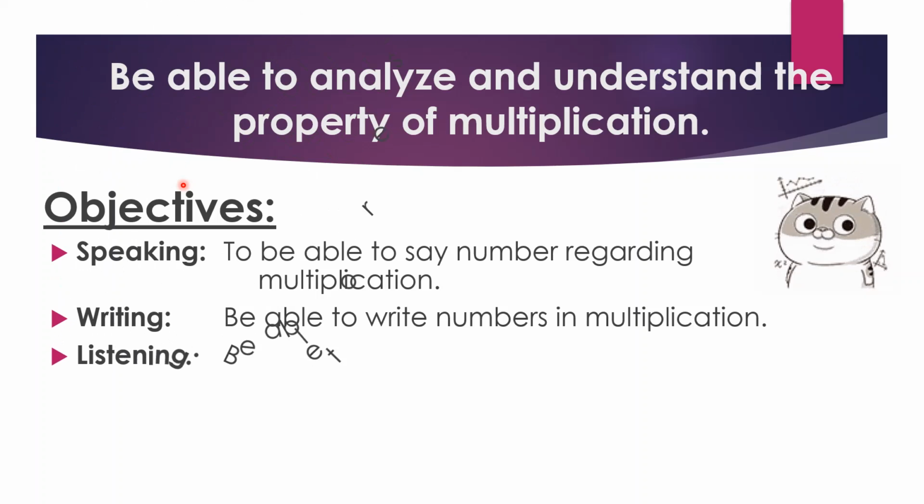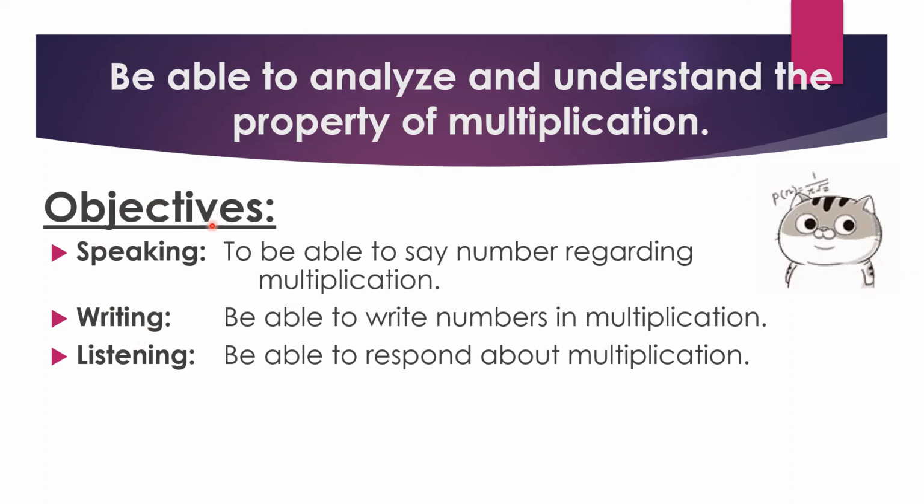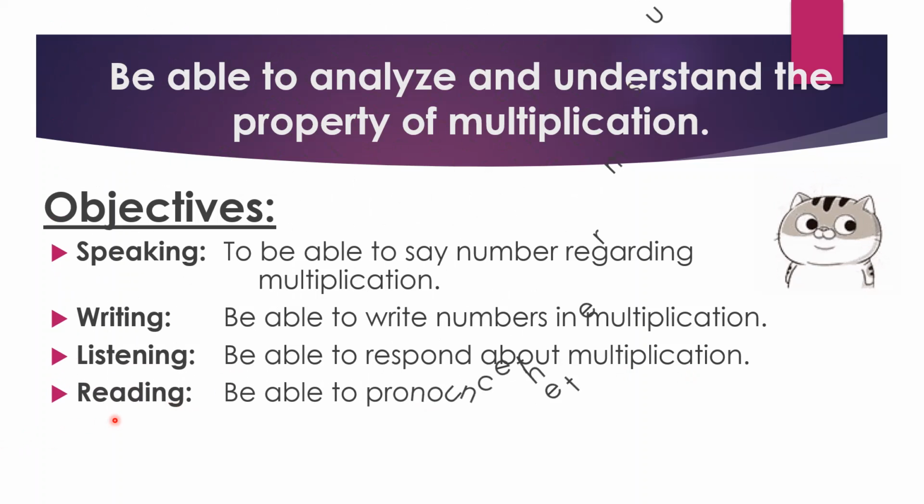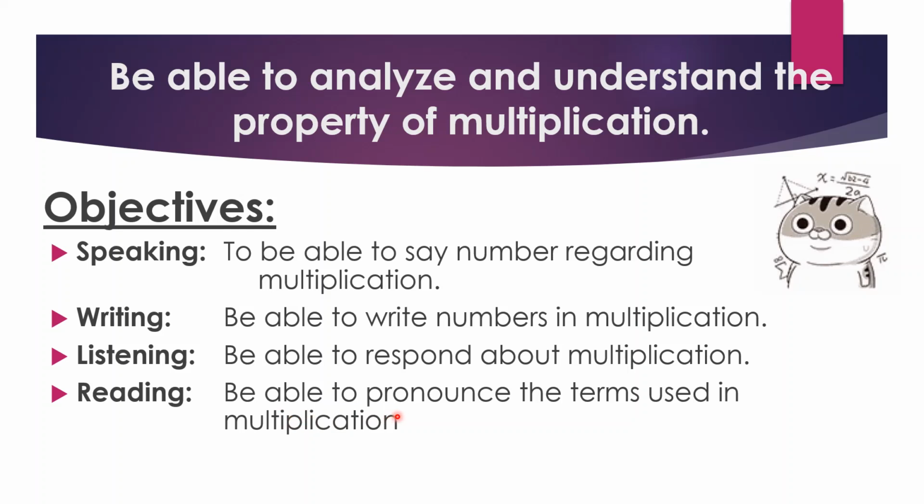Listening: be able to respond about multiplication. Reading: be able to pronounce the terms used in multiplications. All of these, we need to apply to analyze and understand the property of multiplication. Understand? Okay.